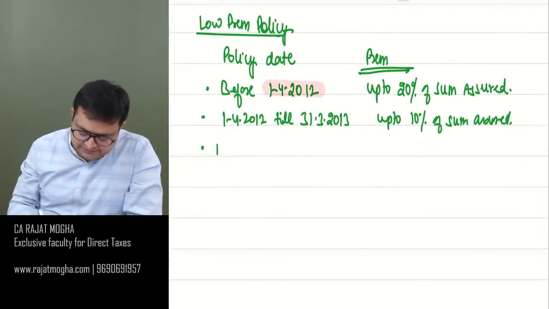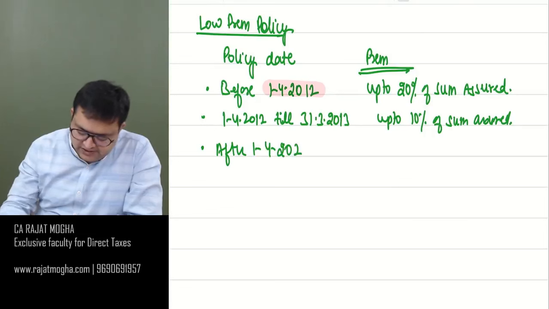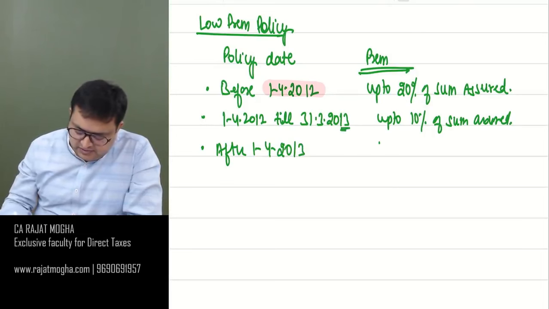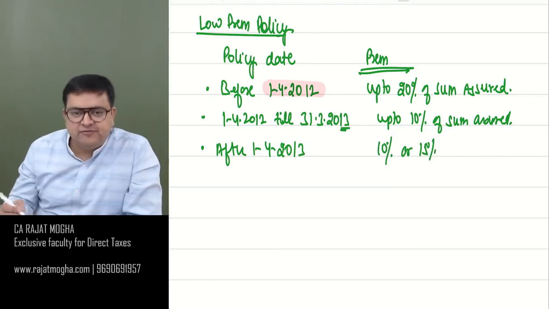Or after 1/4/2013, after this, just this 1 year, 10% or 15% of sum assured, 15% for physically handicapped.